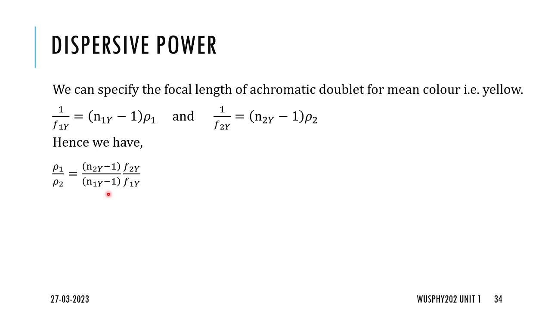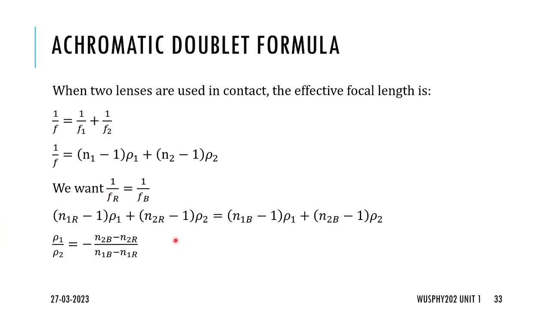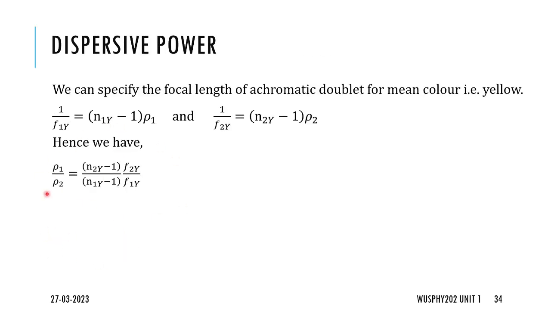Now we are going to equate this with this. So let us do that. So you have f2y upon f1y is rho 1 upon n2y minus 1, and here rho 2 upon n1y minus 1.